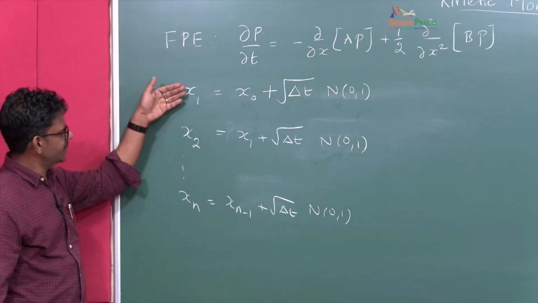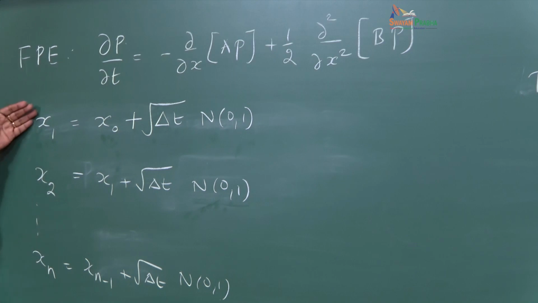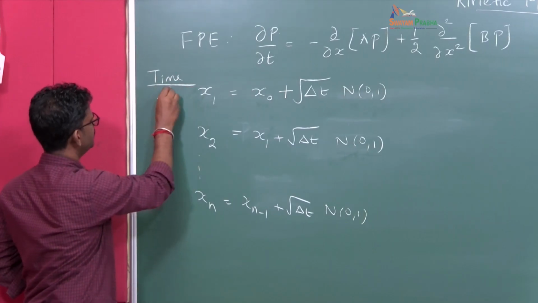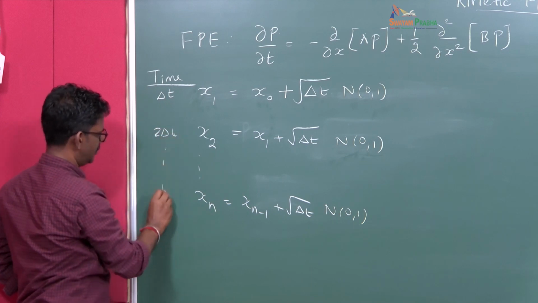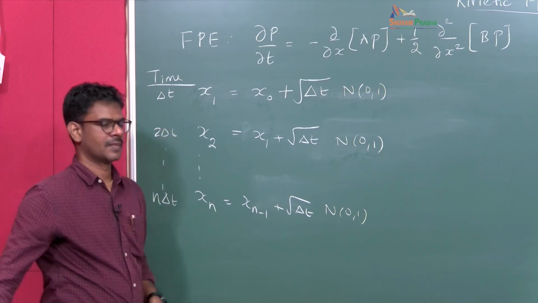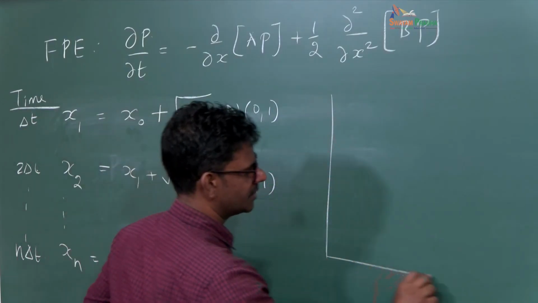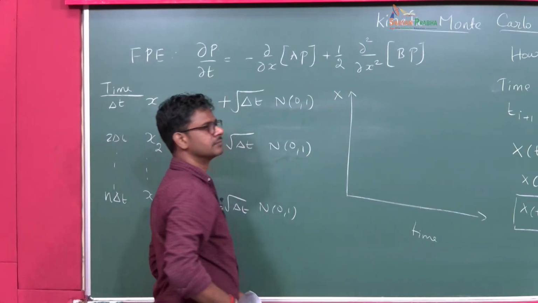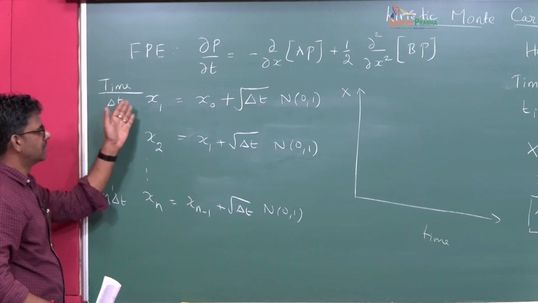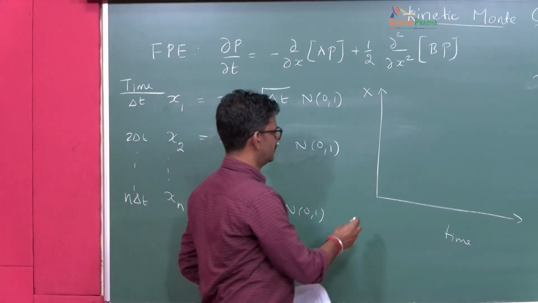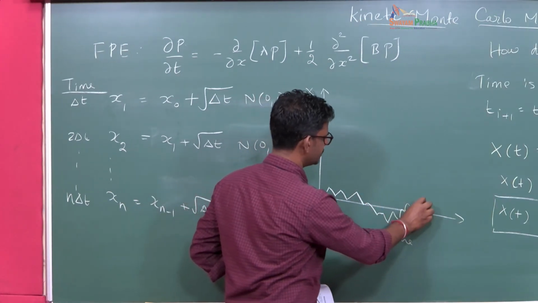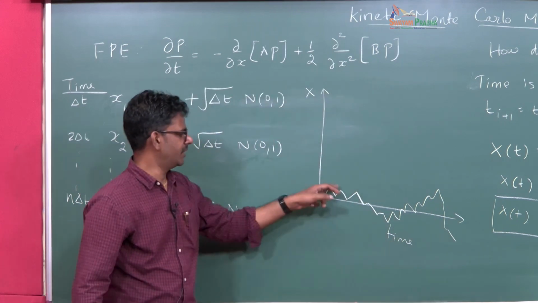So, by producing x1, x2 all the way up to xn as a function of time, corresponding to delta t, 2 delta t, all the way up to n times delta t, when I plot the time versus the position, this collection of points, time and x, gives you a particular sample path.